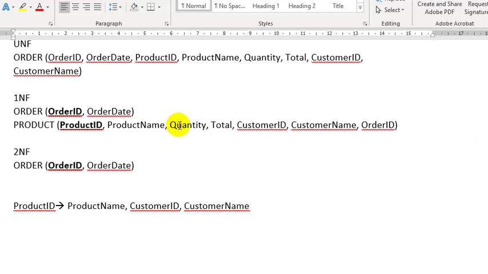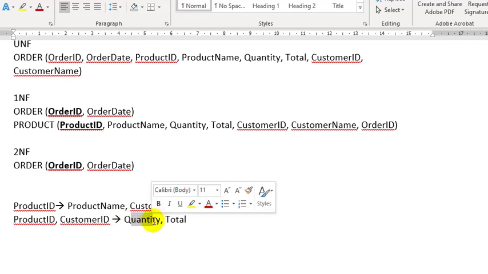For quantity and total, these two attributes need the product ID and customer ID to be explained. Without one of these attributes, you cannot explain the quantity and total.